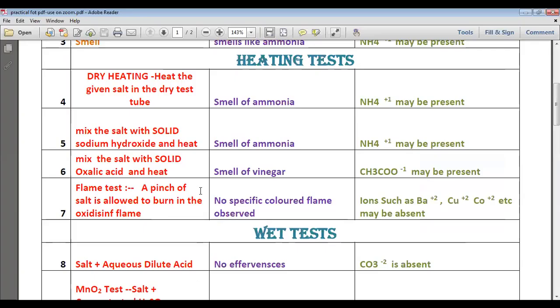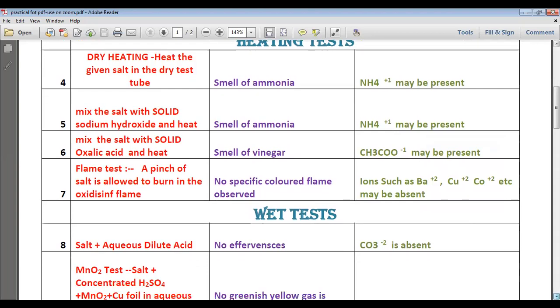So you can see that we mix the salt with solid oxalic acid and heat it. By heating, you can get the smell of vinegar, and that is why we can say that CH3COO minus may be present. So my dear students, here we have got some NH4 plus and CH3COO minus present, but how can we confirm that they are the only ones present?